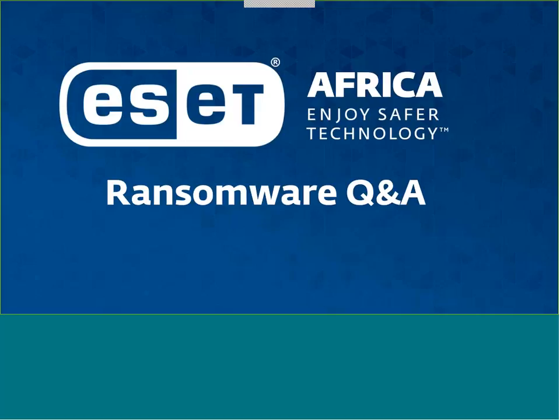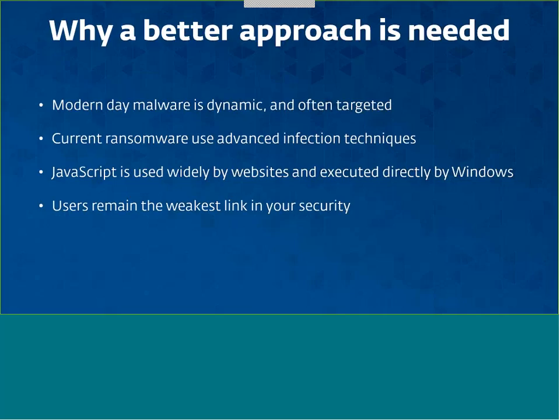Then it encrypts that data and asks you to pay some type of ransom, usually in the form of Bitcoin, which is an anonymous cryptocurrency, which means that unfortunately those payments can't be traced back to the malicious party, which is why the malicious users have chosen that as their method.